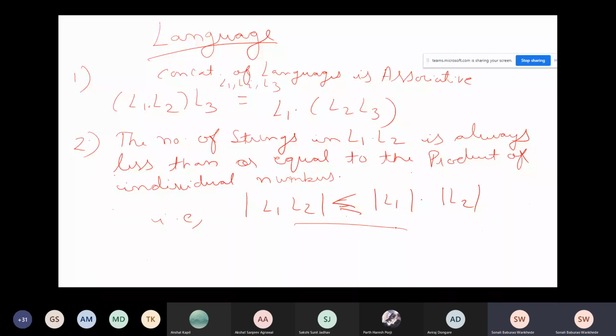Next formal definition continues in this way.